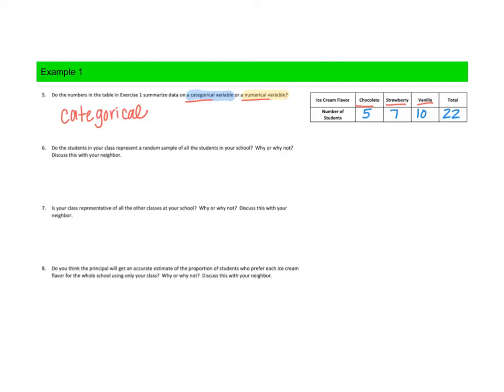Okay. Number 6, do the students in your class represent a random sample of all the students in your school? Why or why not? Discuss with your neighbor. We're not going to discuss with our neighbor, but the most important words here are random sample. Was this sample random? No. There's no indication that she randomly pulled people throughout the school to sample them. Would that have maybe been a better sampling? I think so.